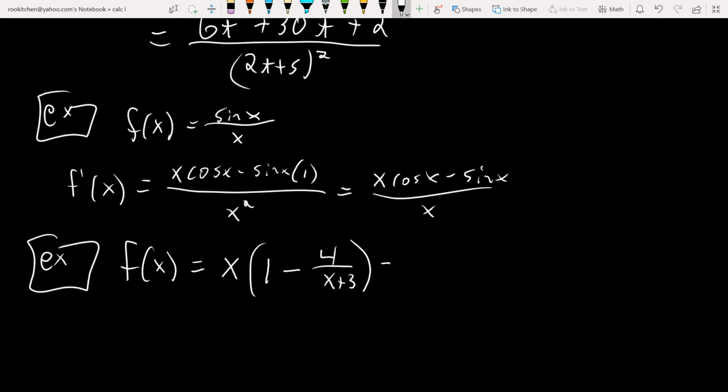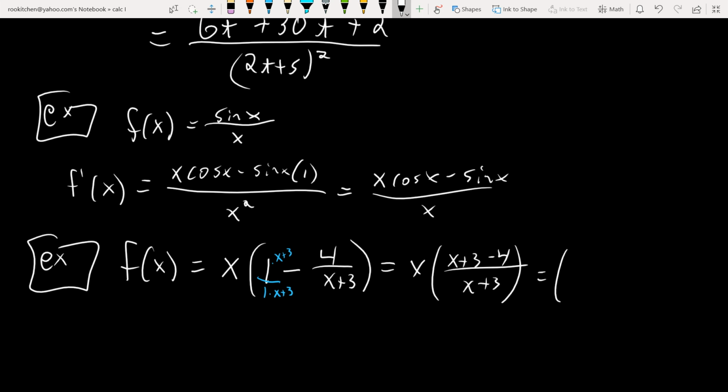No. Turn it into something that's a little nicer. So simplify it, right? First off, I can simplify the insides of these parentheses by finding a common denominator. So just multiply top and bottom by x plus 3. Okay. So I have x times x plus 3 minus 4, all over x plus 3.